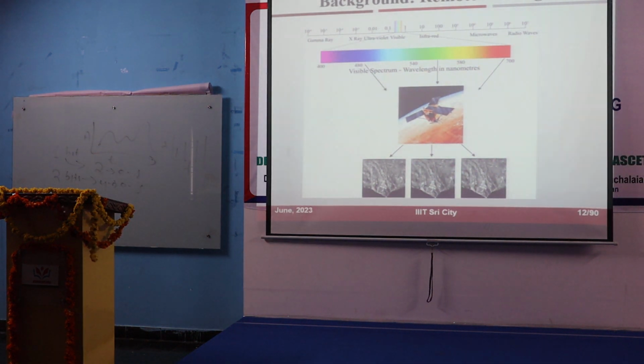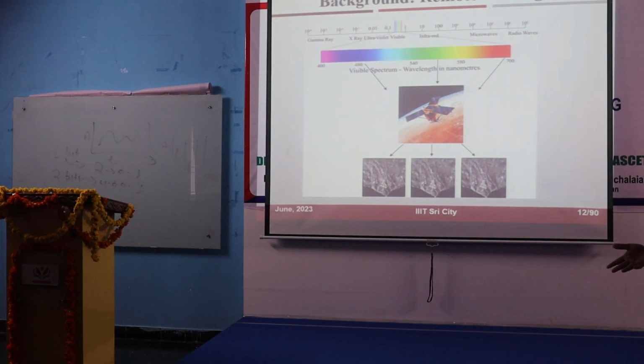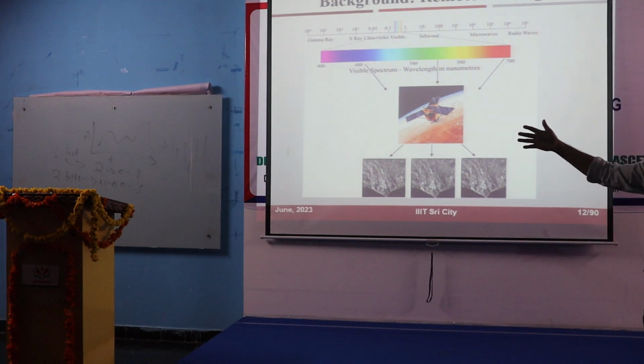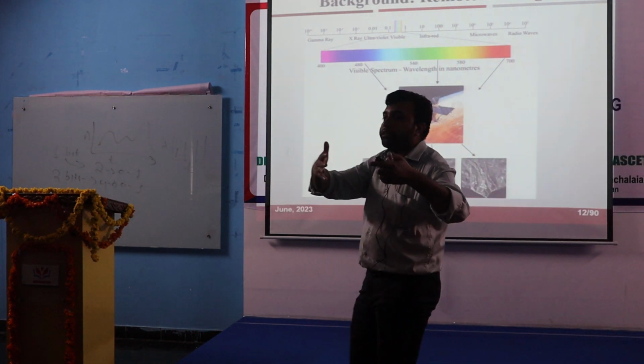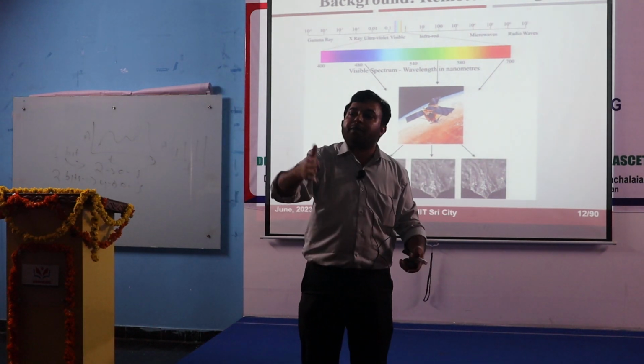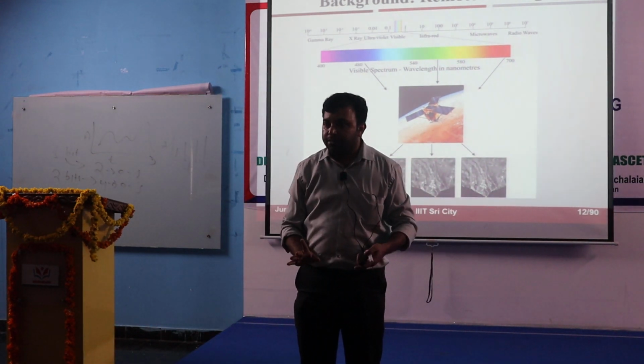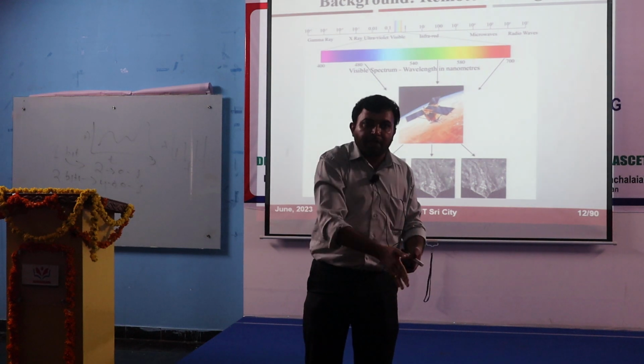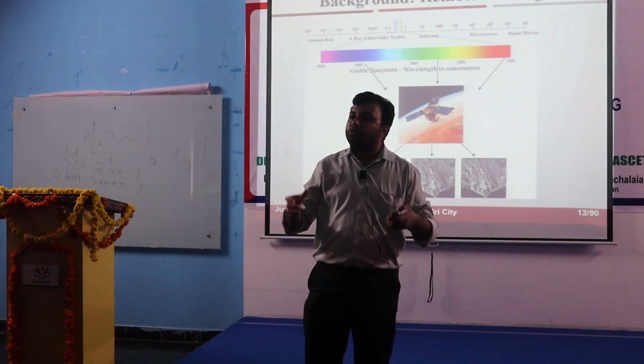There are different types of sensors, and how this is split into different things is beyond the scope of this talk. We will focus on how we are able to obtain these images. We can have all these different spectra, so each spectrum is one grayscale image. Depending on how much I am sampling, each of them I can have as one image.